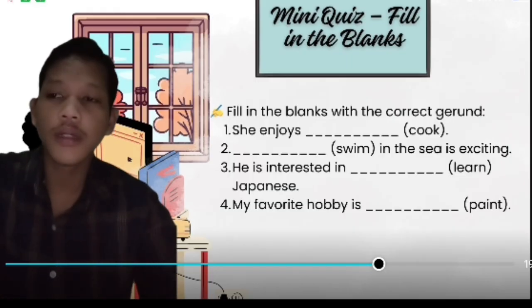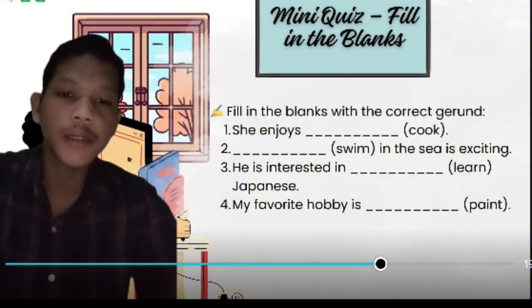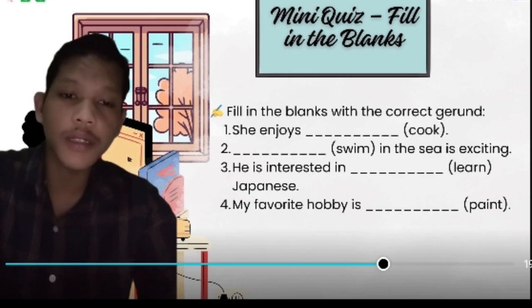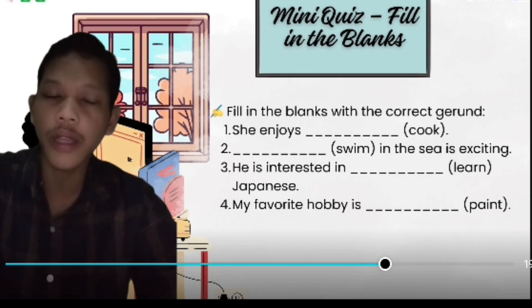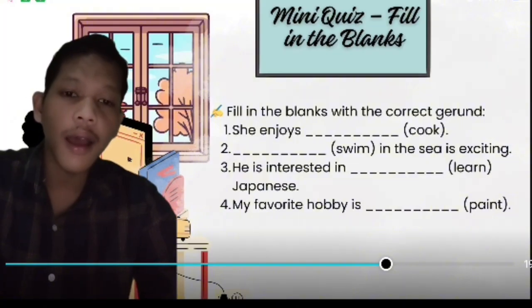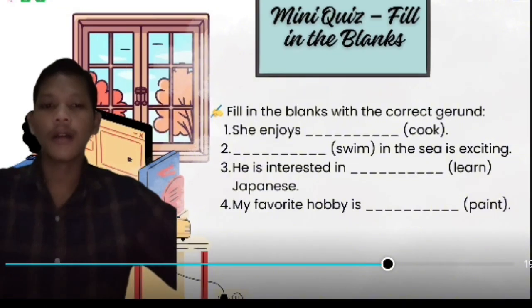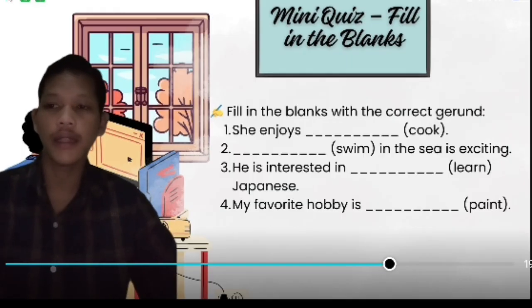So the correct answer is swimming because it is a subject and function as a noun in the sentence. So that's why we have to add ing for changing the verb swim to be a gerund in the sentence.